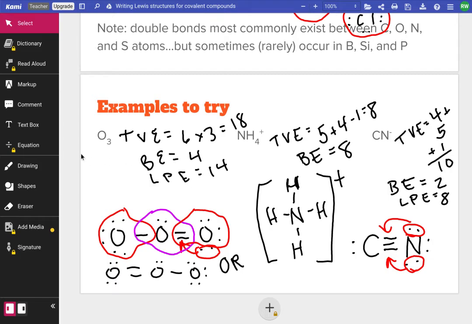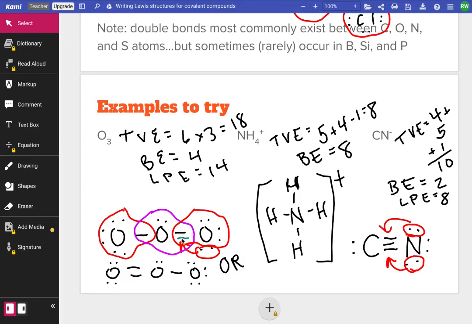Now here's where a little bit of the trickiness comes in. But again, once you do this enough, it becomes easier and easier the more you practice. I'm going to show you here. I am counting and I'm seeing that this oxygen has 2, 4, 6, 8.